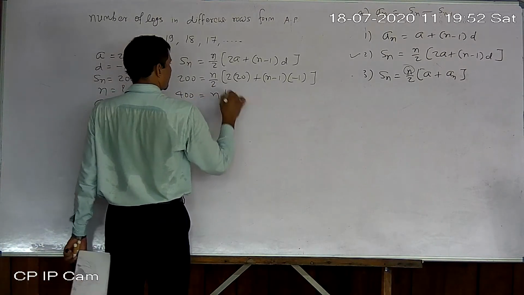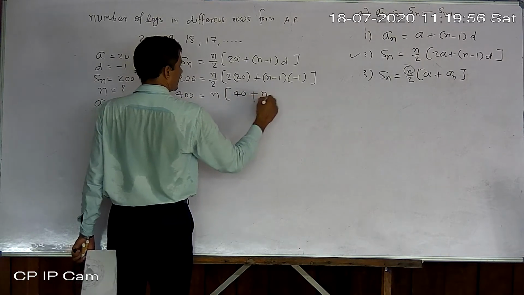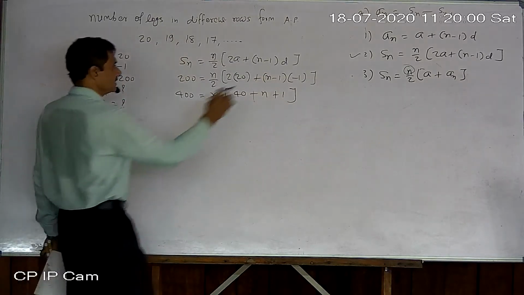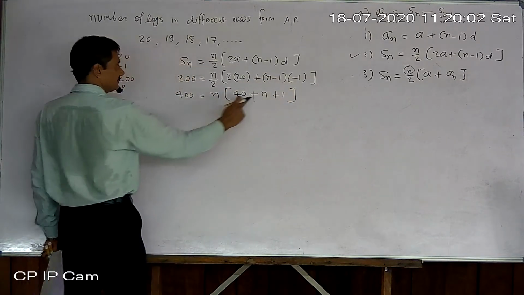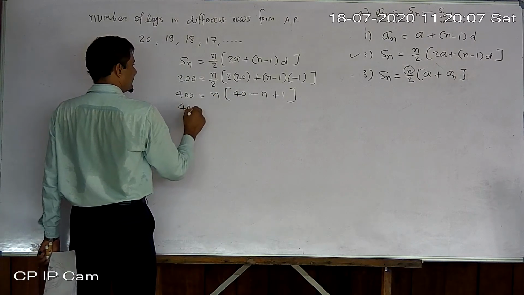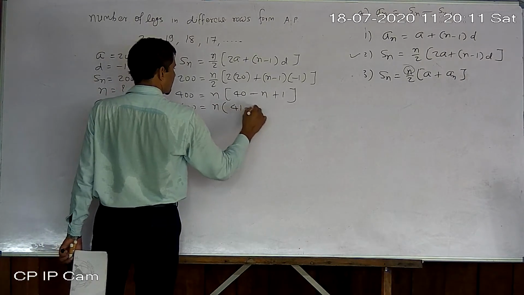So now n times 40 minus n plus 1. Why? Minus times minus is plus, and then minus 1 times minus 1 is plus 1. Okay. So now look there. 400 is equal to n times 41 minus n.